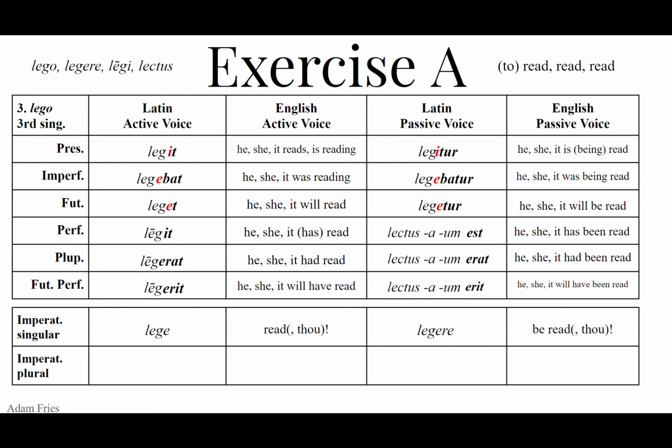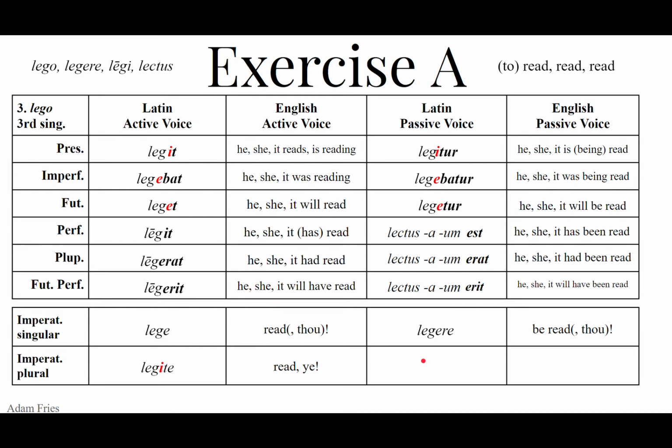Be read. Come on, you, get read. The imperative plural: you take the present stem, leg-, and then you add ite, legite. Read ye. Come on, guys. Let's get reading. Come on, read. I need you to read.